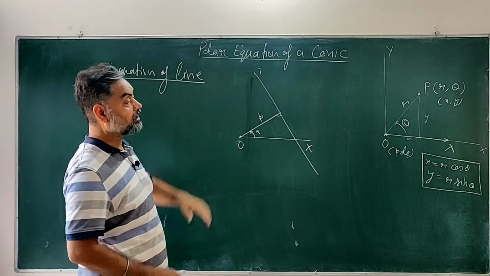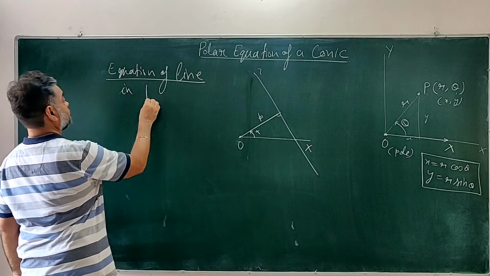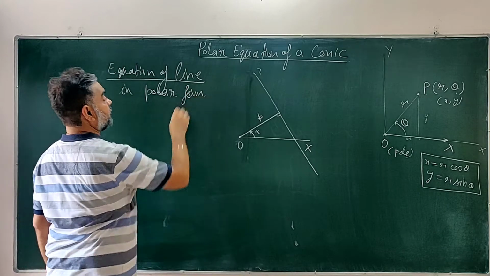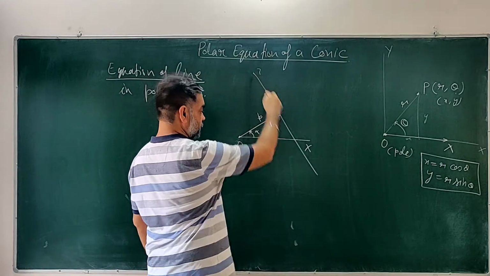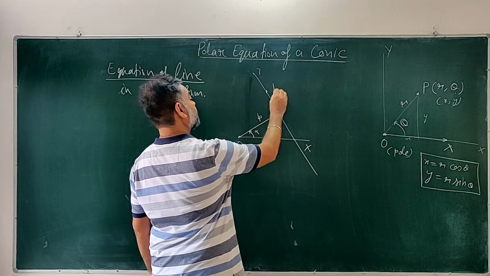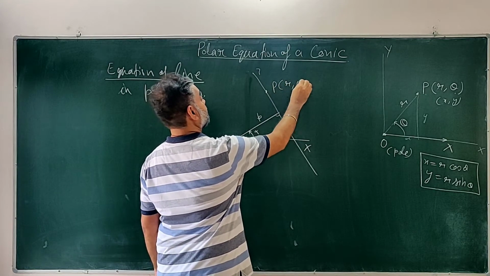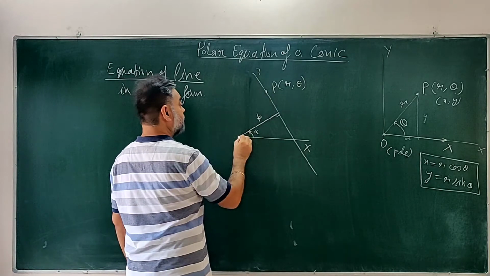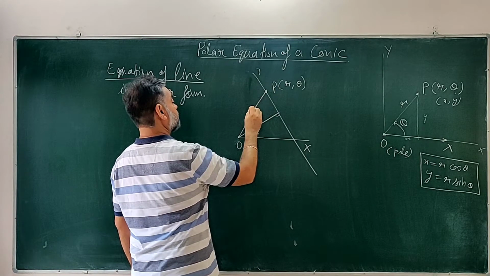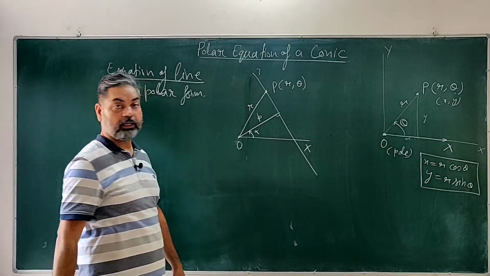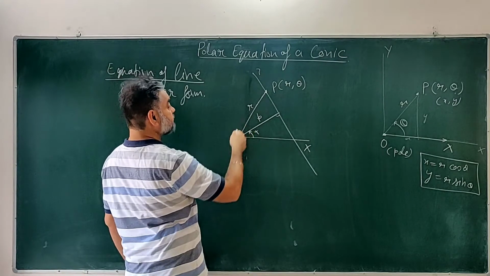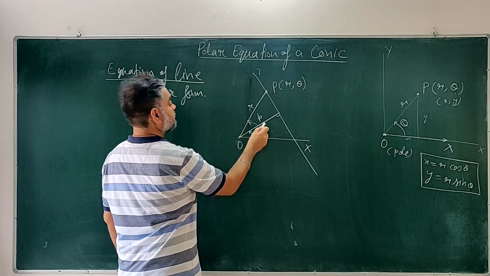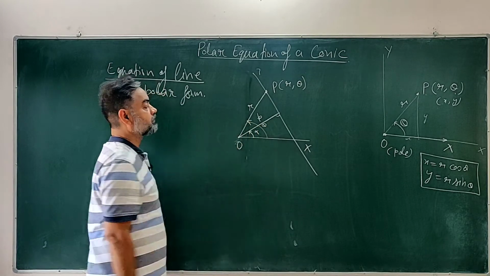So, the equation of a line in polar form. How do we find it out? Suppose you have any point P whose coordinates are r and theta on this line. You join O and P. This distance would be r, the coordinates of P are r and theta, and this angle will be theta.